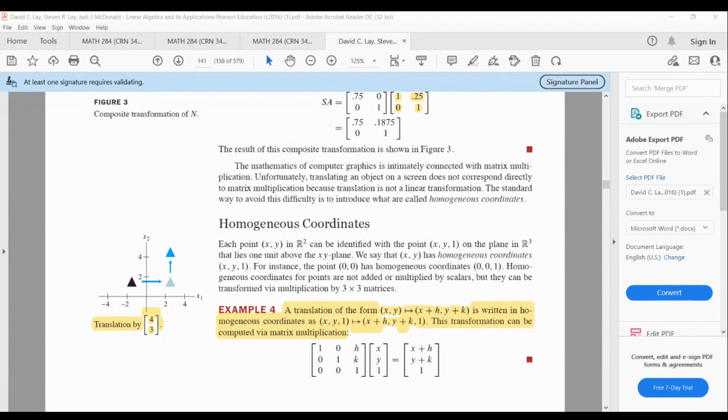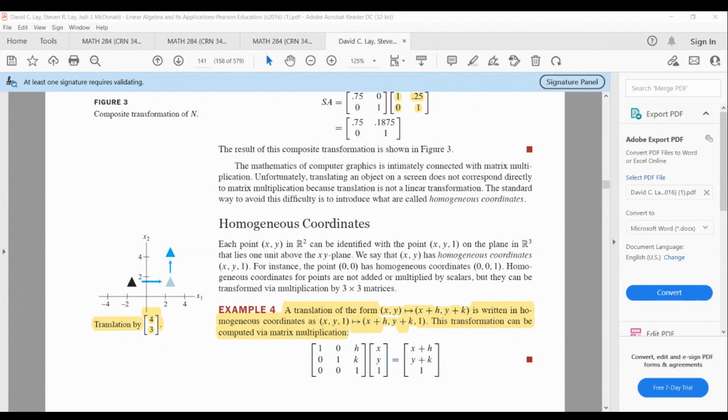So 4 units to the right and 3 up. You see how the black triangle moves 4 units to the right, and then you got the gray triangle there at 2, 2, and then you move the gray triangle up 3 units to get to the blue triangle, which is at xy coordinates 2 and 5.